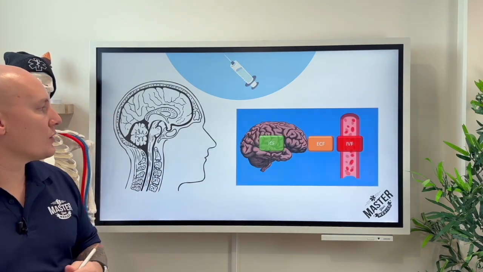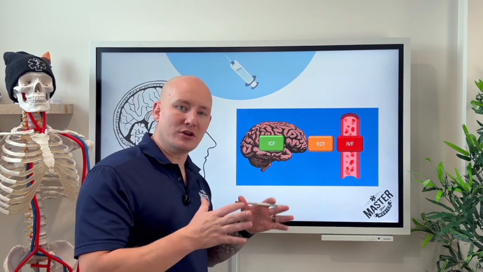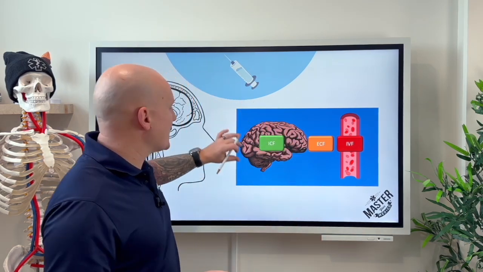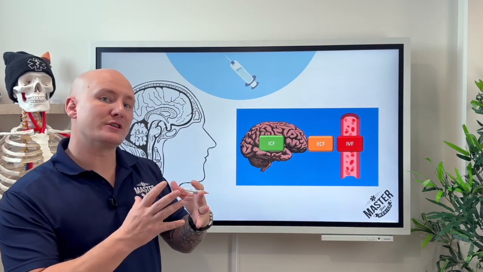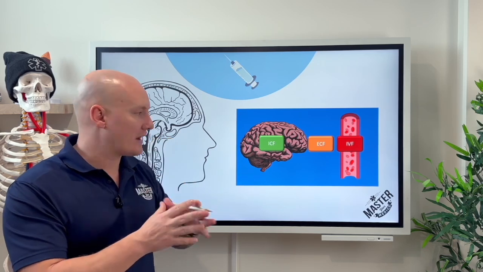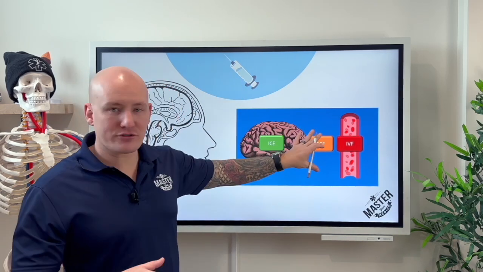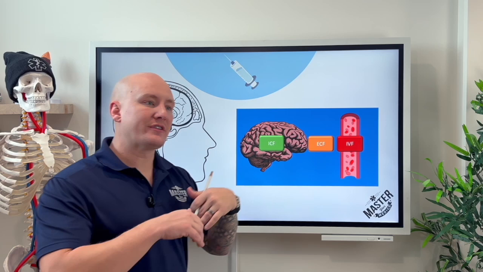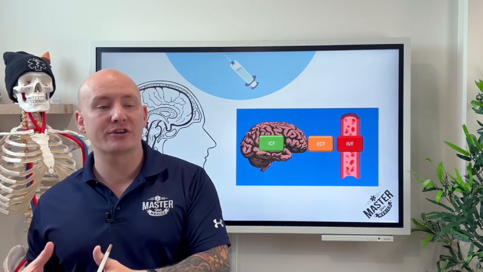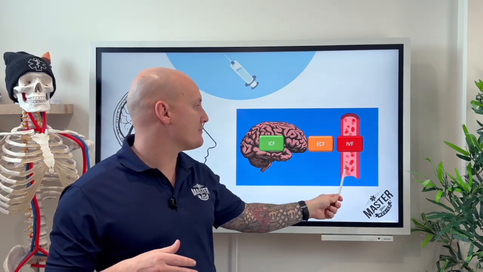You have different compartments inside your brain itself. You have your intracellular fluid, the fluid inside the cells within the brain. You have your extracellular fluid, which is the fluid outside the cells but not in the vascular space, because your vascular space is made up of your intravascular fluid.